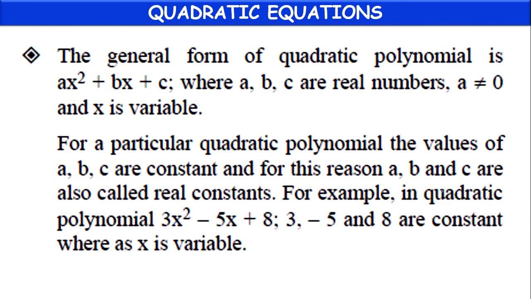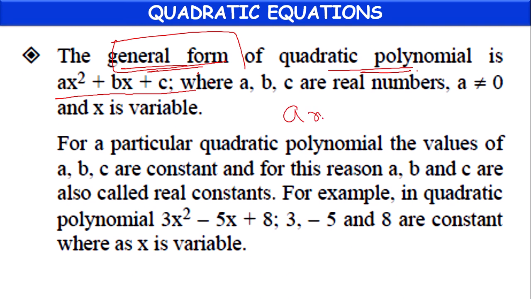Next. So here the general form of a quadratic polynomial is ax square plus bx plus c.